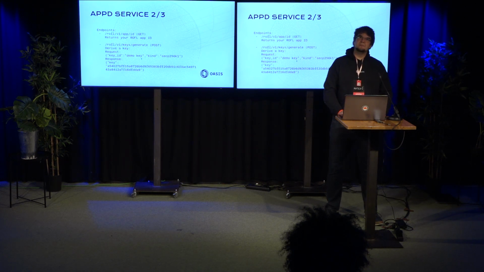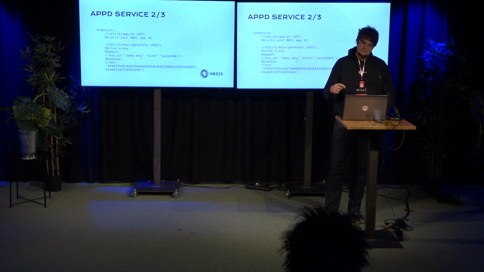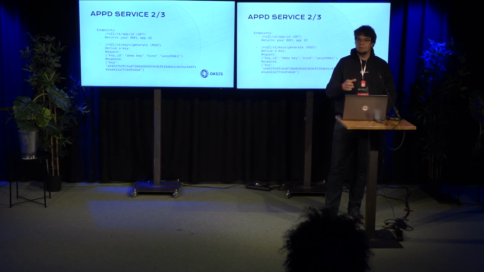So for example, if you have some app-specific key pair you need, and you provide the same ID of that key, like my LLaMA key, it will always derive the very same key. The request here in our example is a demo key. We define the kind, so it's standard JSON, and the response is the hex-encoded 32-byte long private key you can then use in MetaMask or whatever.